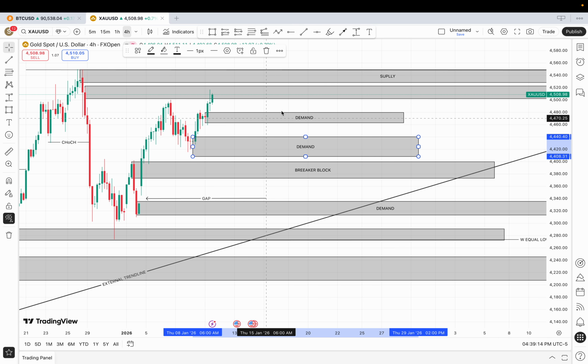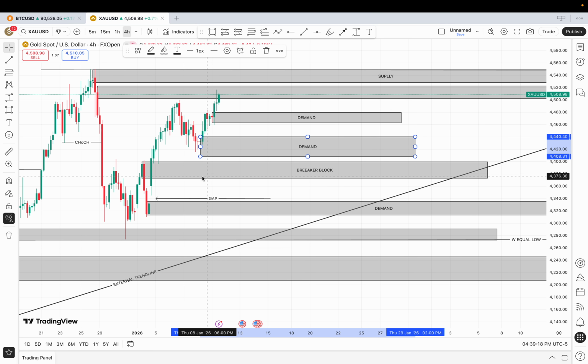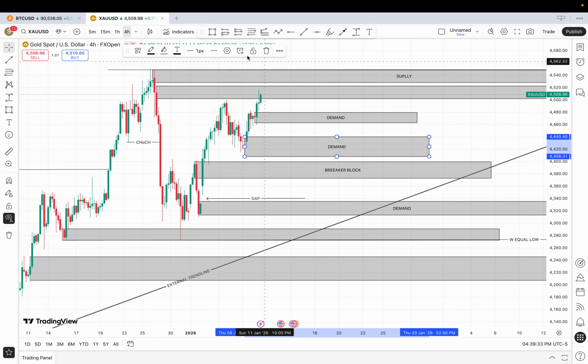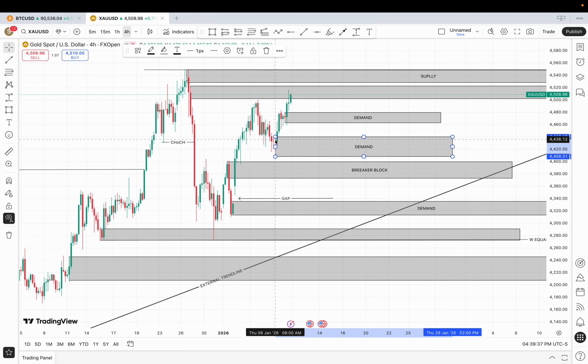So buying here is what? This equilibrium price. Buying here is what? Discount price. And buying here is what? Premium price. So selling here, we sell at the premium, we buy at the discount price.